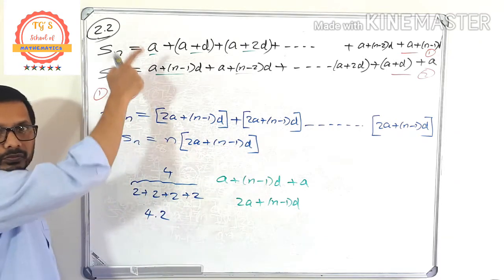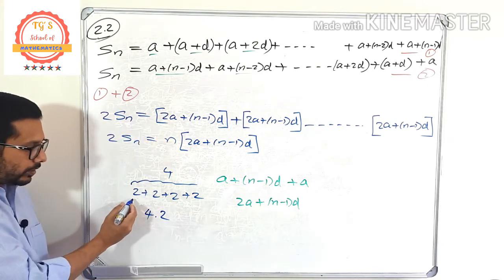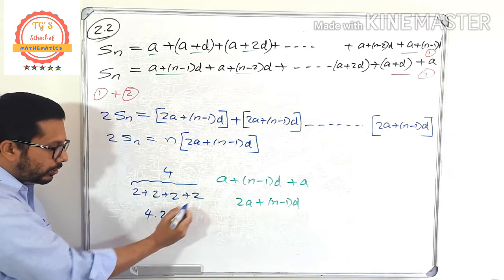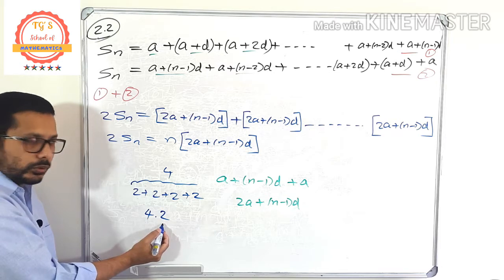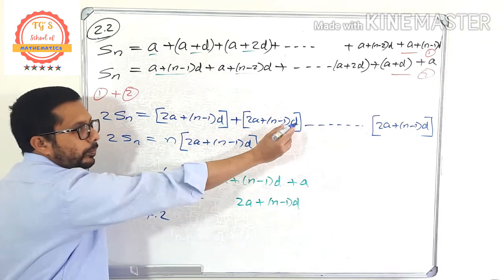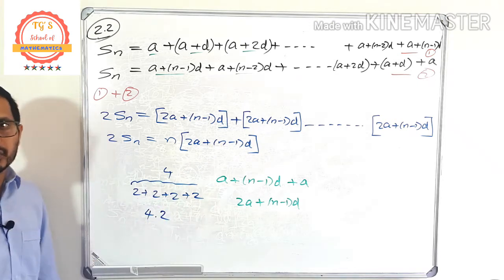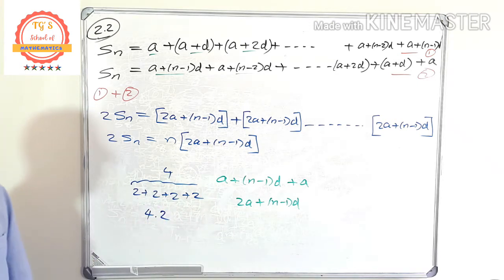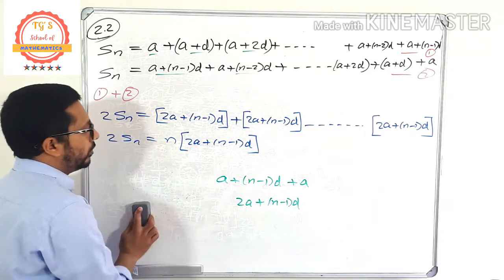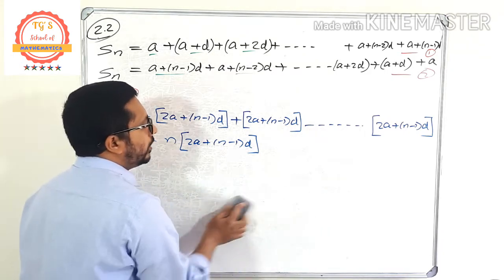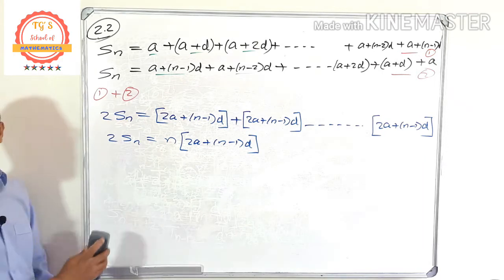Like there are 4 2's, we write 4 times 2. There are n 2a plus n minus 1 into d, that means n into 2a plus n minus 1 into d. So now we got an equation: 2Sn is equal to n into 2a plus n minus 1 into d.